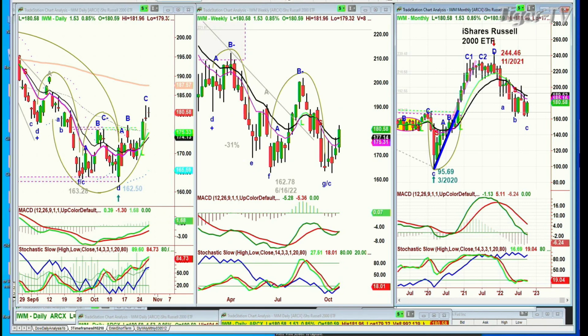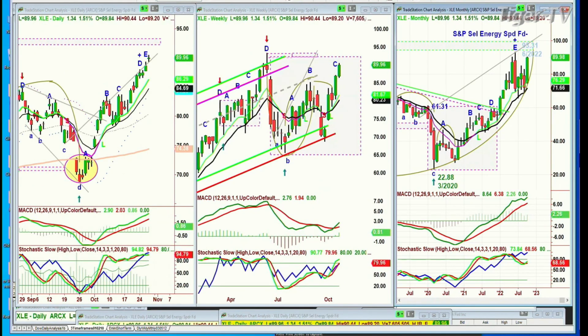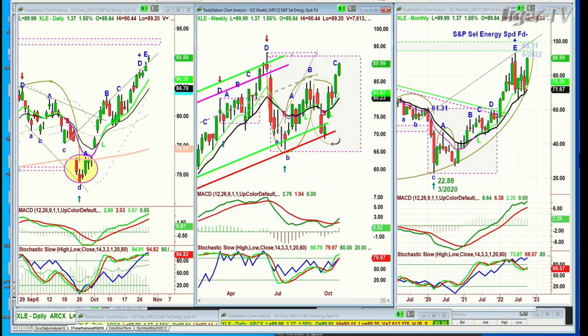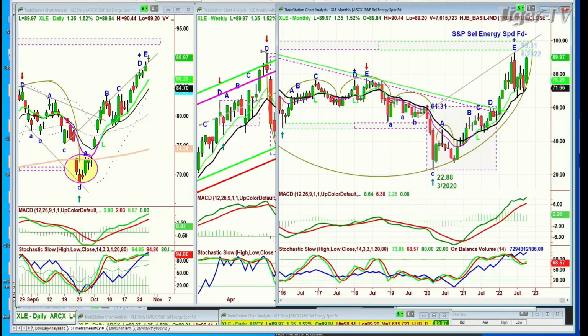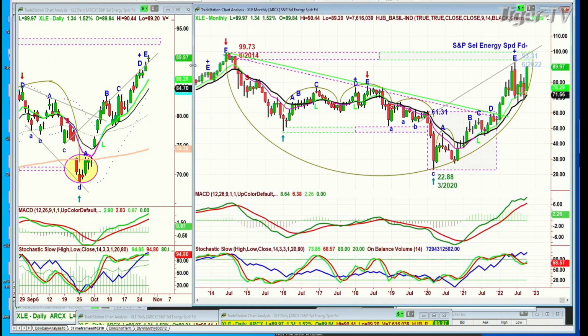Then I did that. XLE, what did I say about the XLE? Did I get there? The XLE is making a little doji candle high. That's why I went to Exxon. So this is that pattern we were looking at where either it's a double U pattern, and we're going into the second U, or you can just think of it as a single cup like this. I'm going to the W pattern, which says that in the left side, right side price time match, the XLE had once upon a time 99.73 back in 2014 in June.